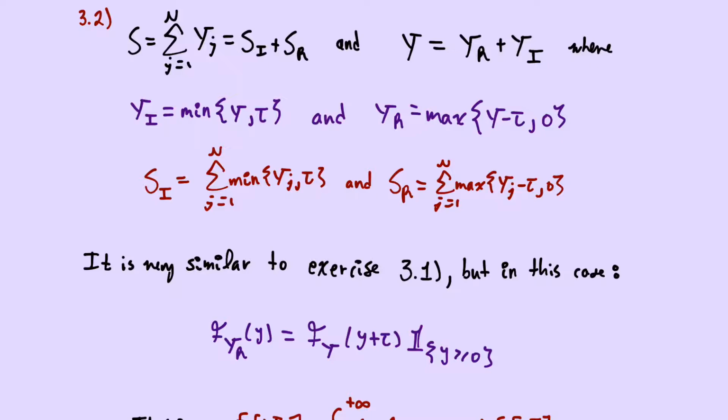I believe that you have already checked with the professor that the sum of these two random variables is always equal to y. But if you have not checked that detail, you can do it. It's not very difficult.